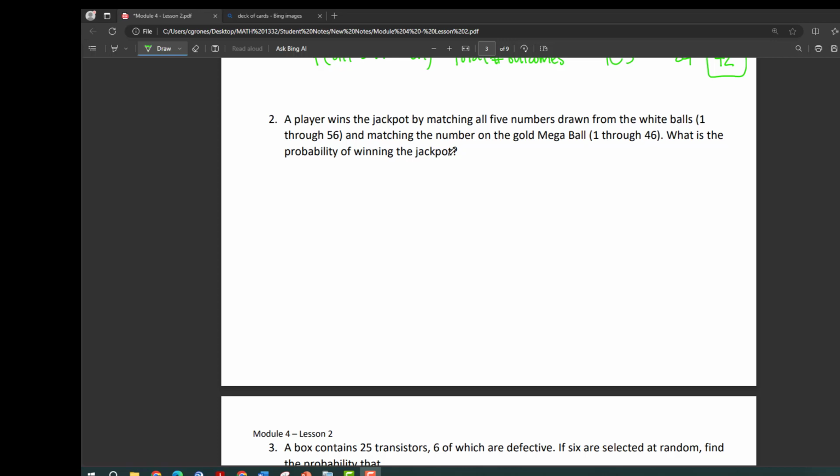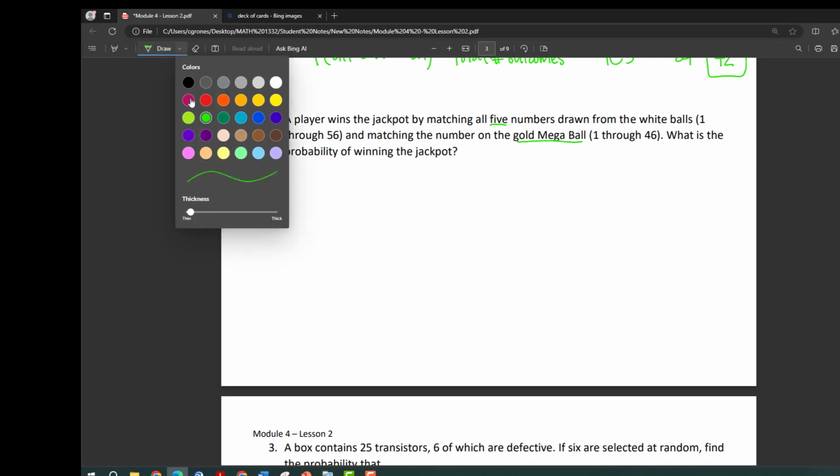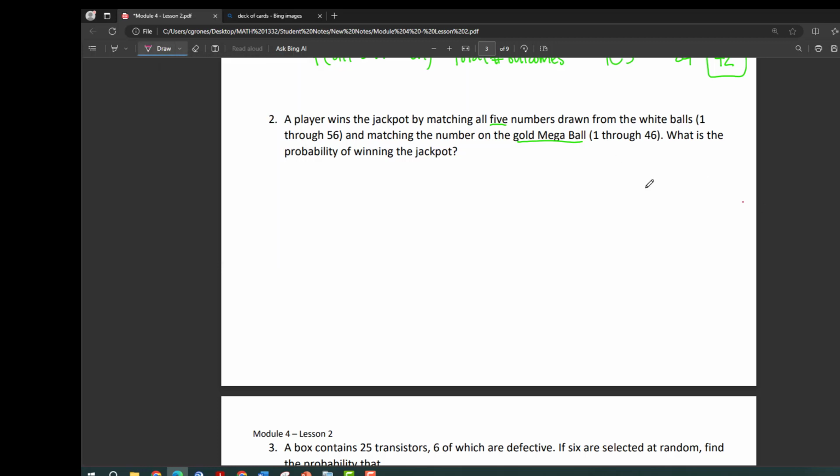So whenever you play a lottery, there's only one ticket that is right. So you have to get all of the matching numbers, the 5 numbers, and you have to get the gold mega ball. It sounds easier than it really is.